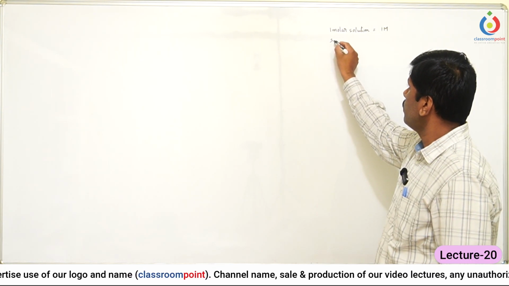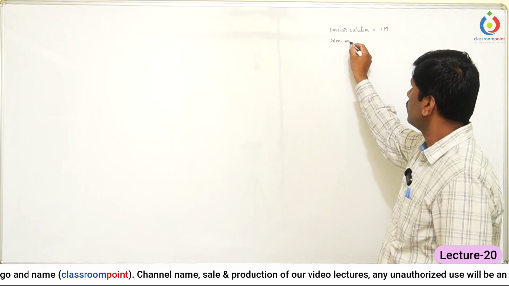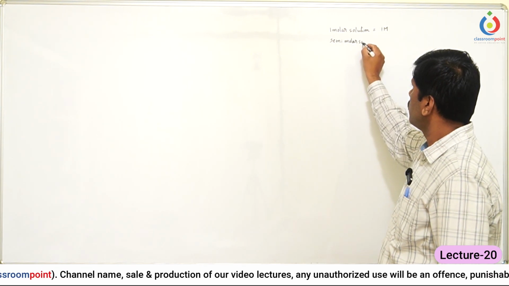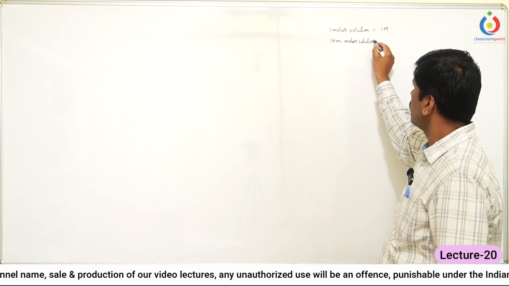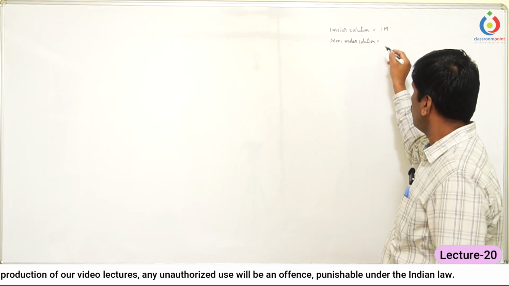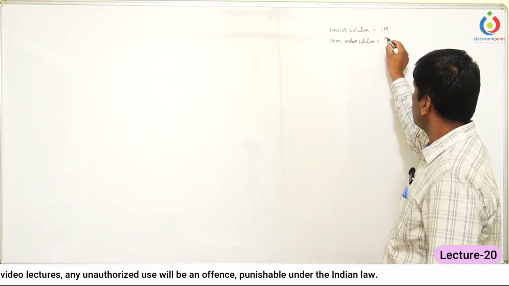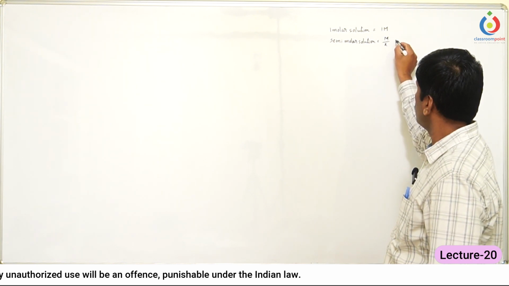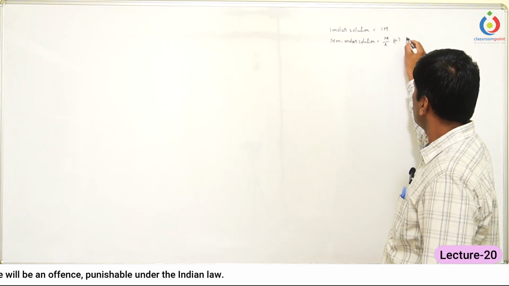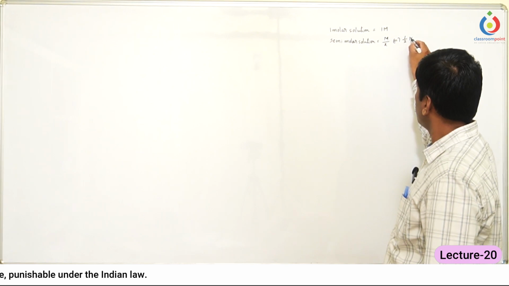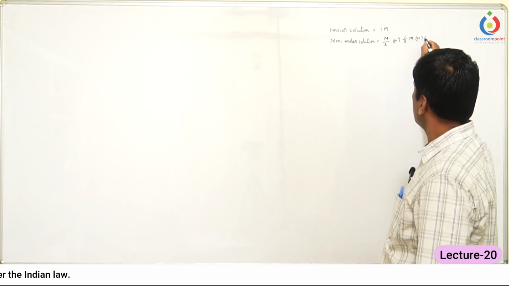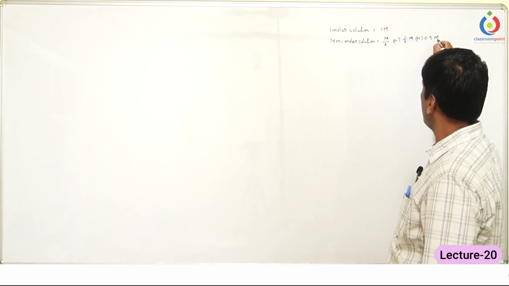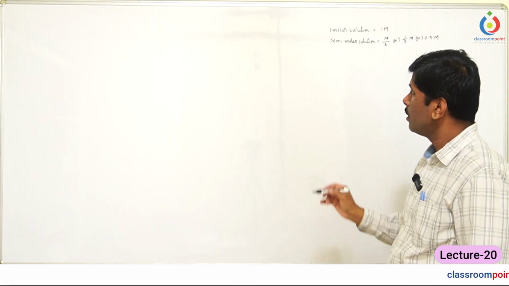If it is a semi-molar solution, it can be written as M/2 solution, or 1/2 M solution, or 0.5 M solution.